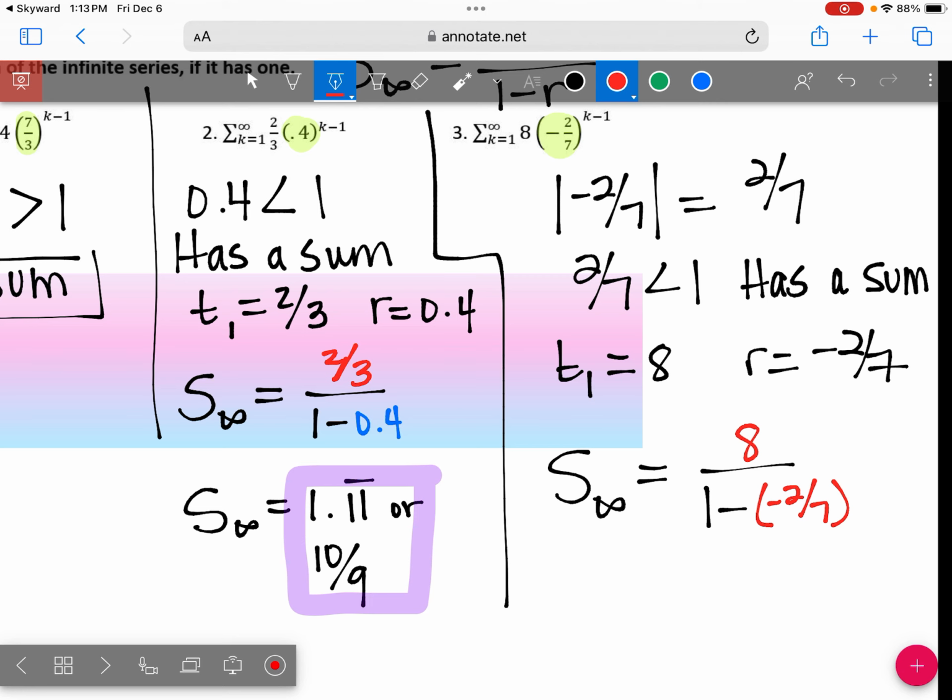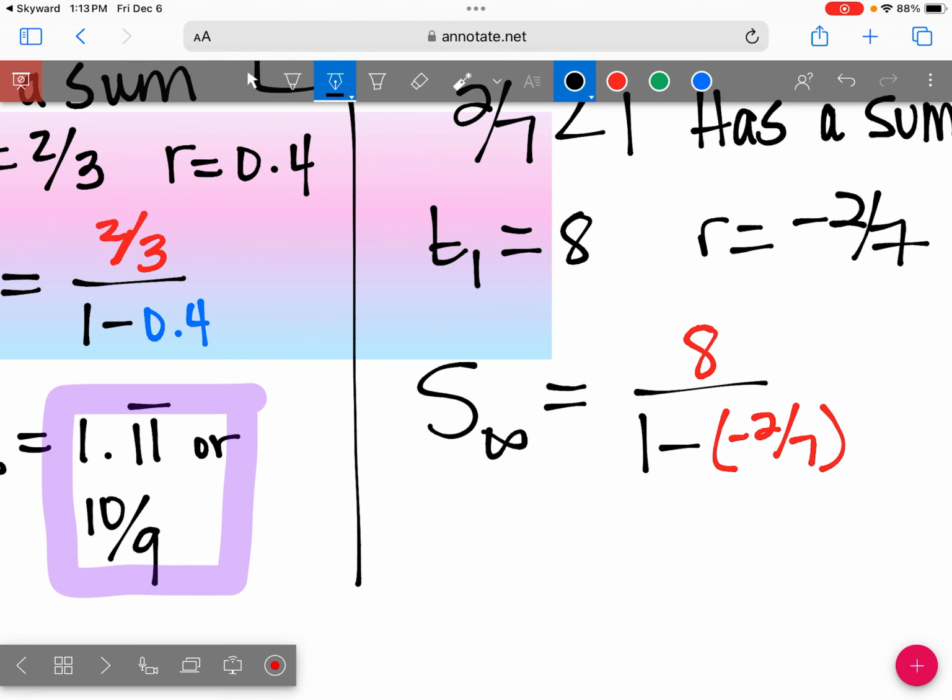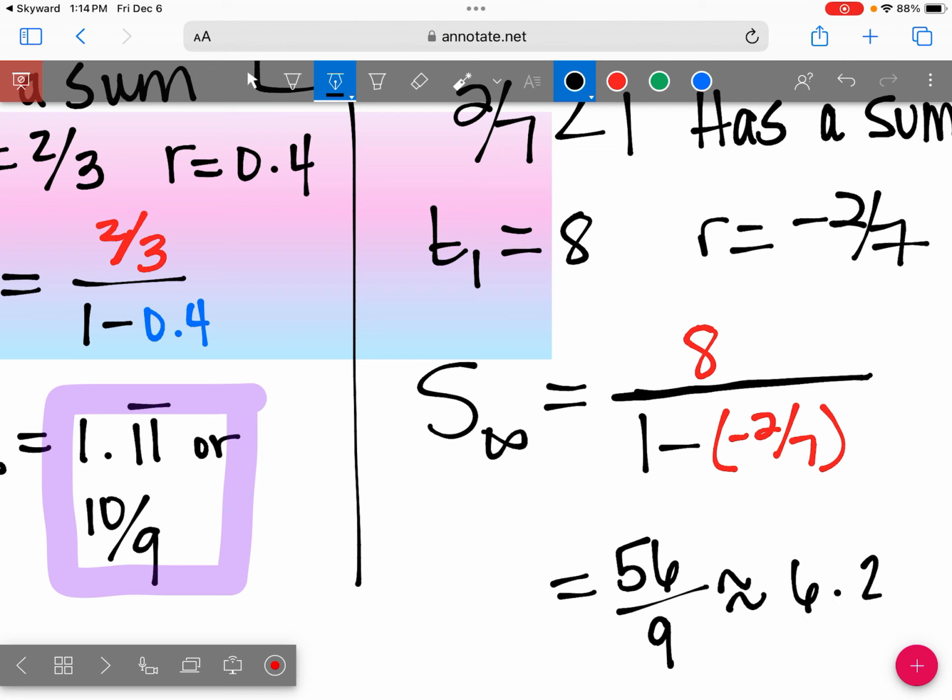Because the negative 2 over 7 doesn't have an exponent, it doesn't need to be in parentheses, but to be consistent, I'm going to just keep using my parentheses. The parentheses are important when it has an exponent. So my calculator gave me 56 over 9, which is equivalent to approximately 6.2 repeat.